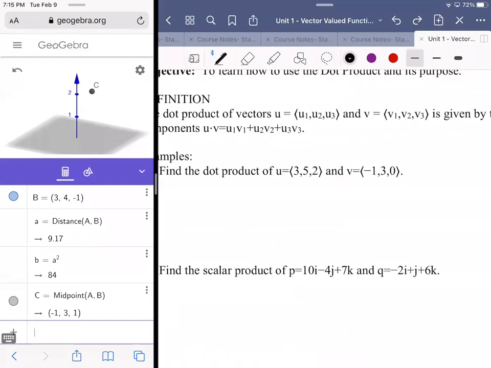Fancy way of saying u dot v would be the same as multiplying the 3 by the -1, the 5 by the 3, and the 2 by the 0, and then adding them all up.